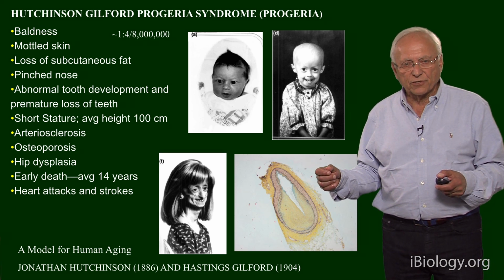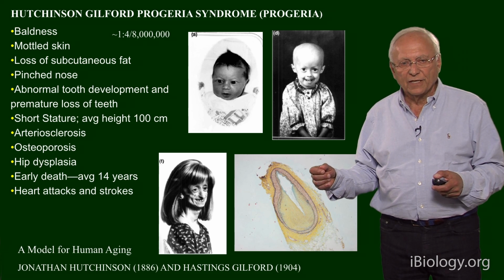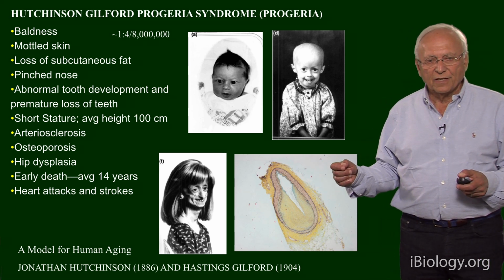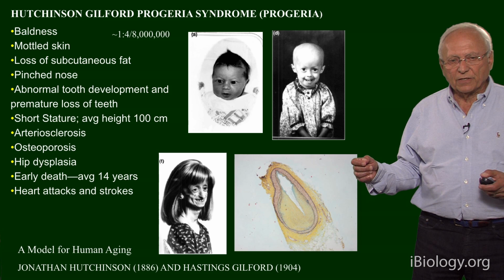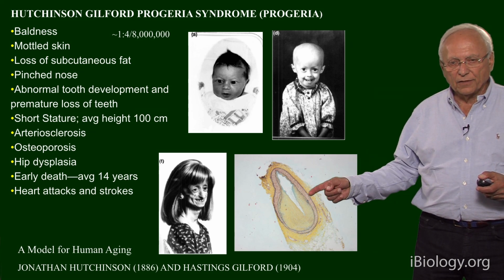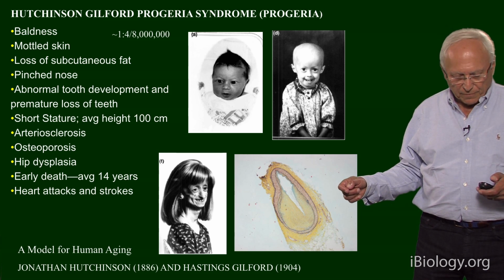Typically, they're short in stature, and they rarely achieve a height of 100 centimeters. They have terrible problems with arteriosclerosis, osteoporosis, hip dysplasia, and typically they die at a very early age, usually 13 to 14 years, of heart attacks and strokes. And on the lower right here, we see a typical occluded artery from a progeria patient.